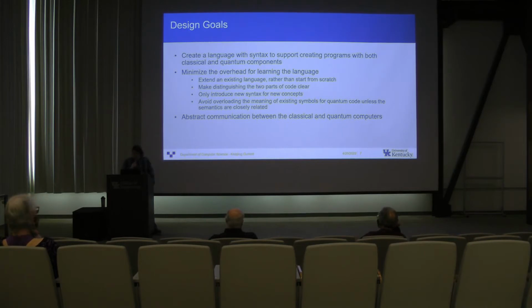Also, in general, to abstract the communication between the classical and quantum computers. So this is one cohesive, big program, and there's no explicit requirement for you to have to figure out how to send this code over there. It's all handled by the compiler itself.